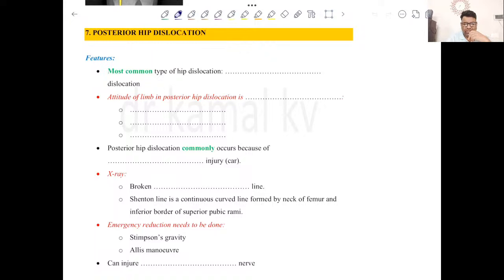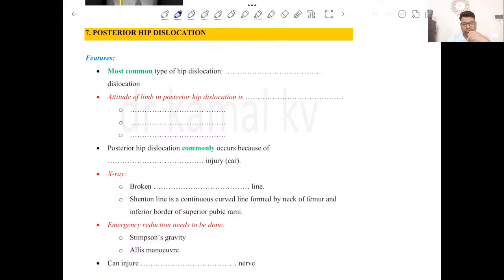So we can start today's session, and today we will start with injuries of the lower limb, starting with the very important entity from which we have a question almost in every session, whether it is FMG, NEET PG, or even INICET. So that is posterior hip dislocation.